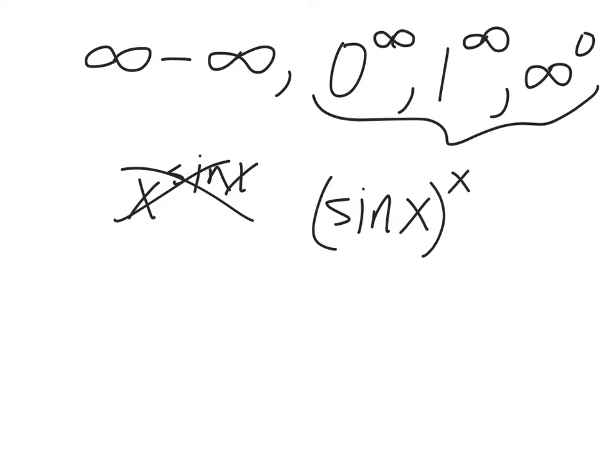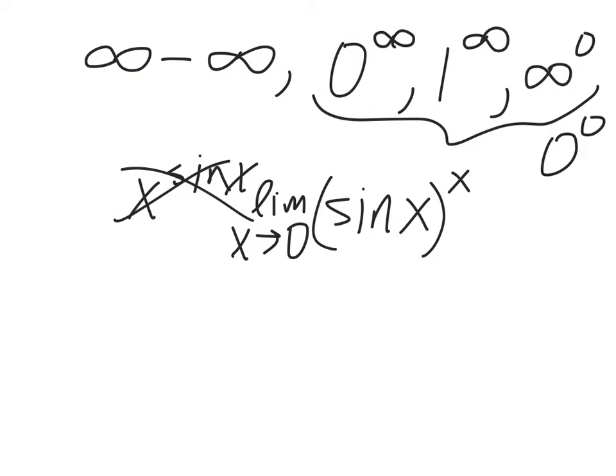Something like that, okay, and we had this as x approaches 0. Well, that would be 0 to the 0, another form there. How would we work through that one? Put ln in front of it. Set y, it's like ln y equals ln of that.